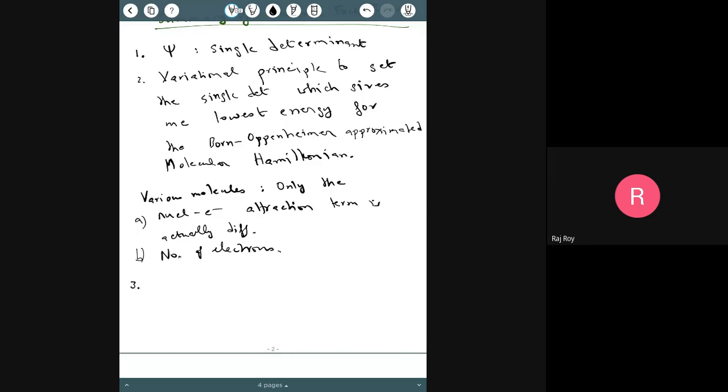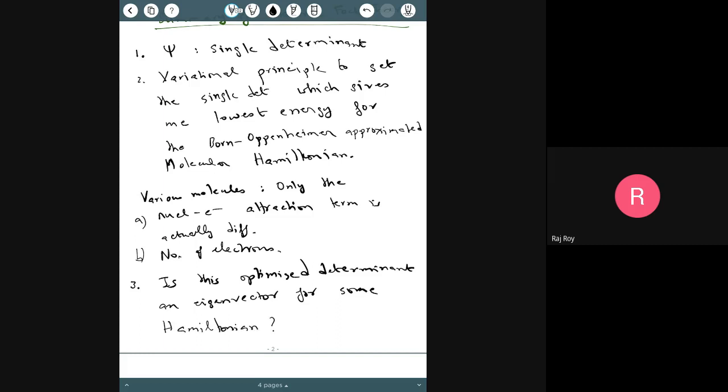But is this optimized determinant an eigenvector for some Hamiltonian? So this is a question we will answer today.